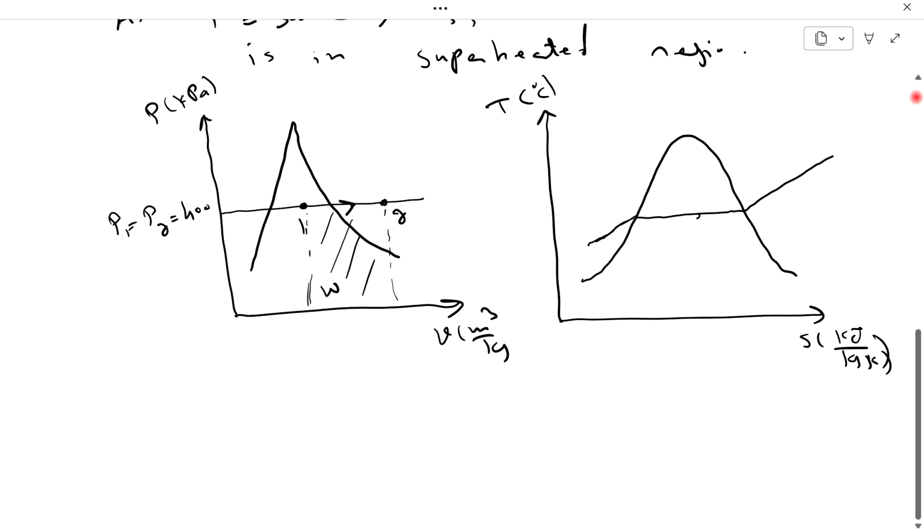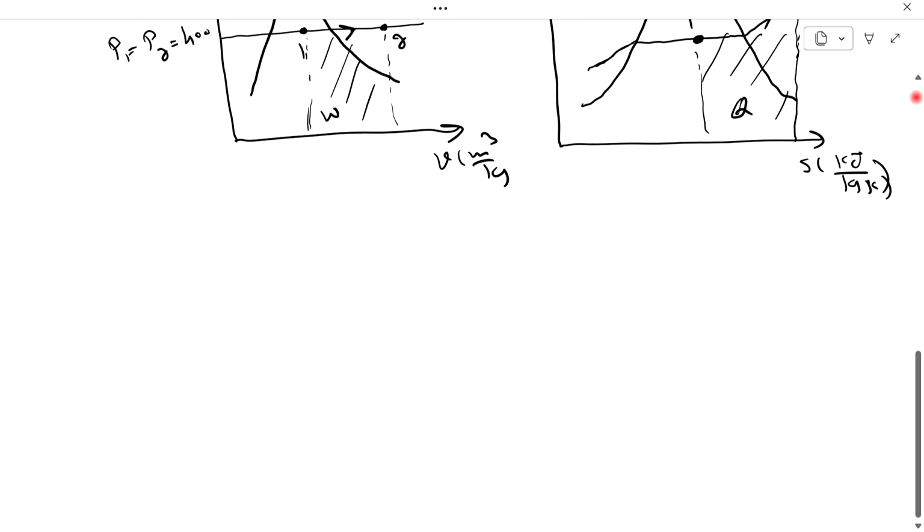This is point 1 in the wet region and this is state 2 in the superheated region, and this area represents heat Q. The area under the curve on the TS diagram is Q. As we know, W is equal to M, since mass is given to us, so we use mass here, M integral of 1 to 2 P dV.